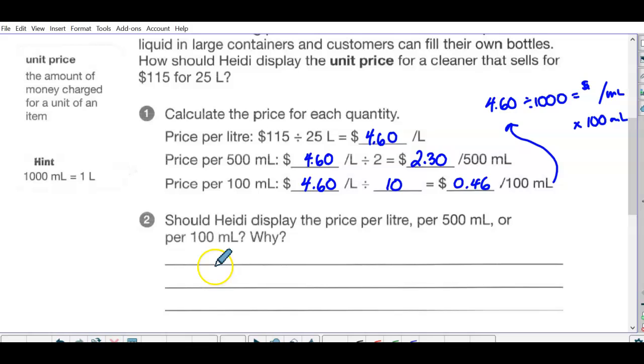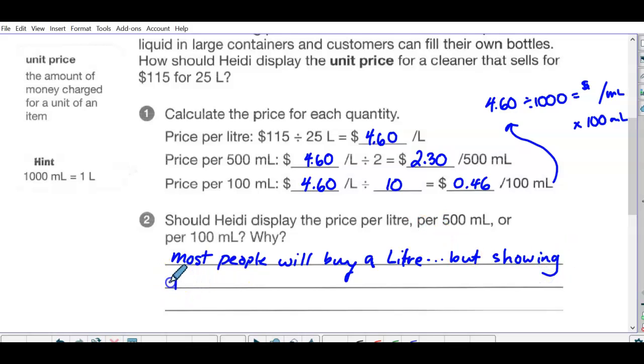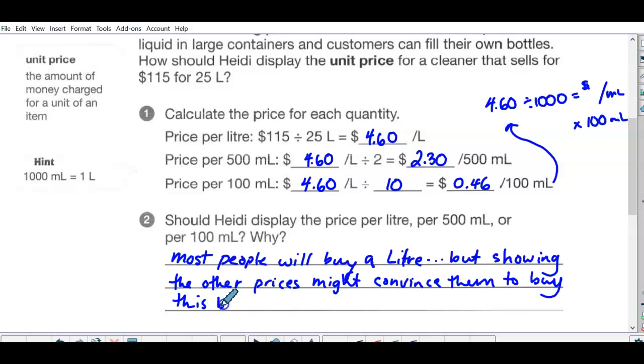I'm not going to say for sure what should be done, but most people will buy a liter, but showing the other prices might convince them to buy this brand, because it may look cheaper than other brands.